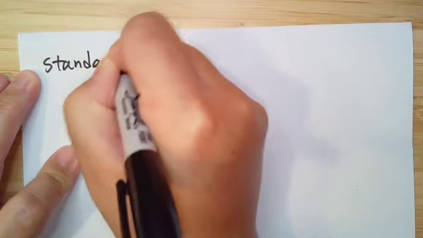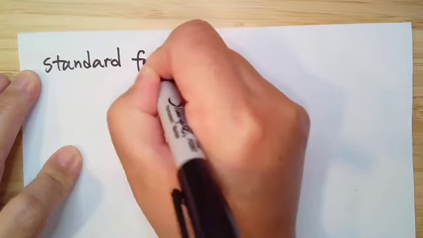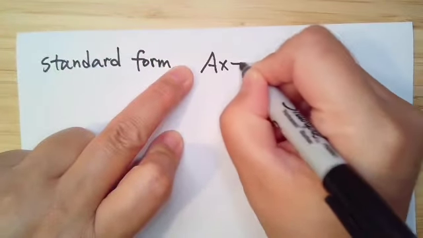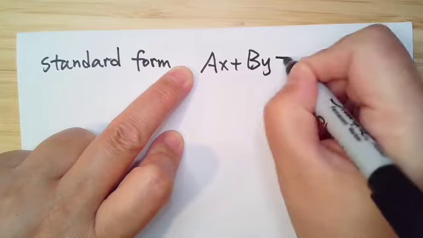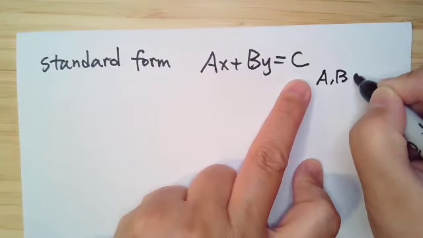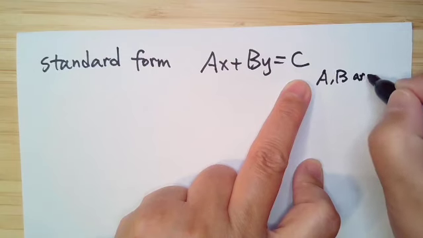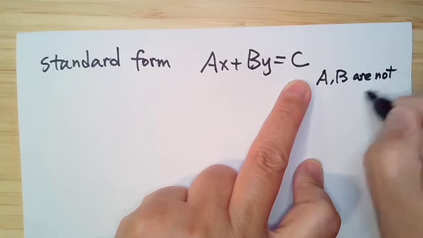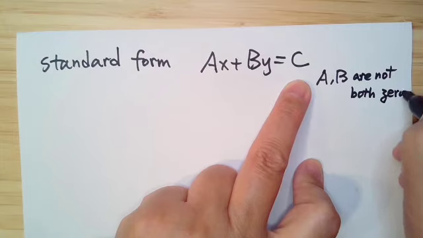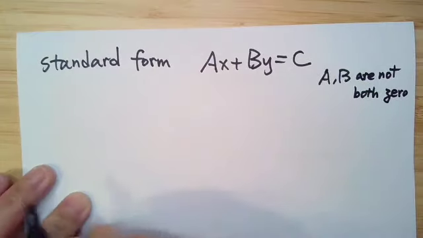Next thing we're going to learn is called the standard form. We did this earlier. Standard form, if you remember, is ax plus by equals c, and a, b not both 0. Okay, one is 0, that is fine, but they're not both 0.